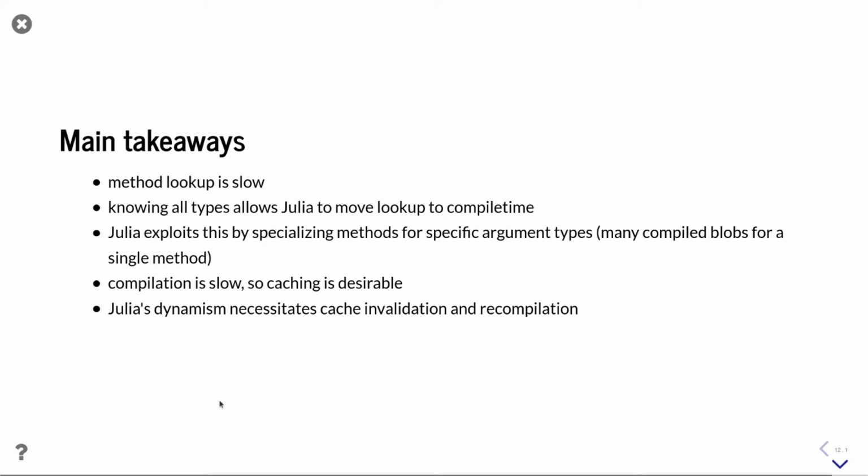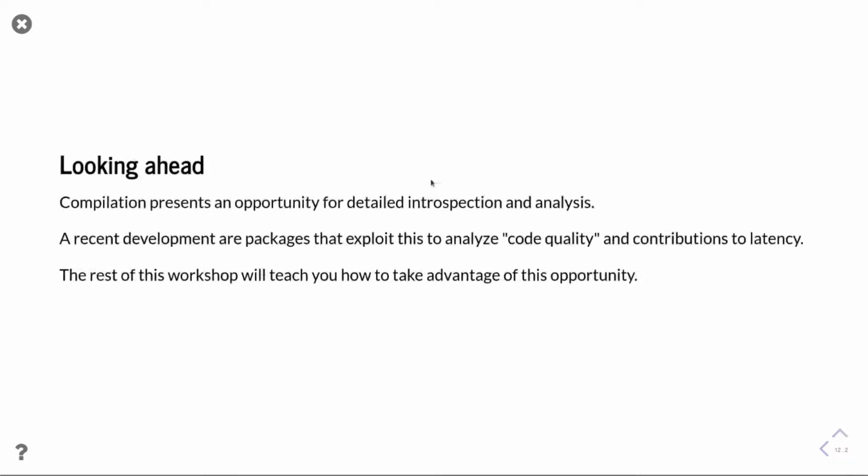But both the methods to save the cache and perform code invalidation actually overlap at the level of these backedges. For the rest of this, we're going to pause for a few minutes and maybe answer any questions that have appeared. If there aren't any, we'll move straight into the next presentation.